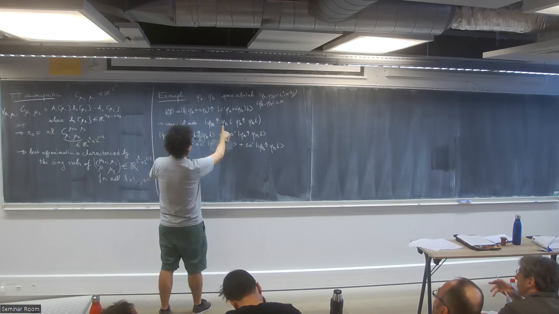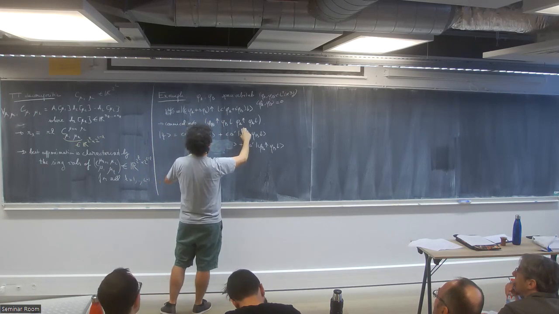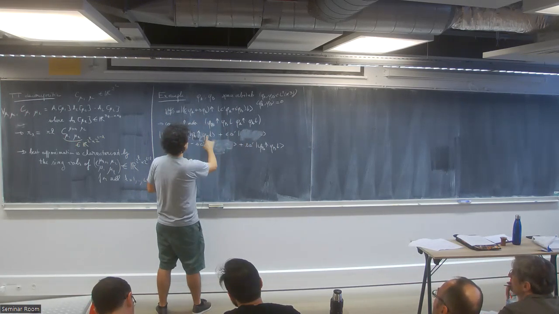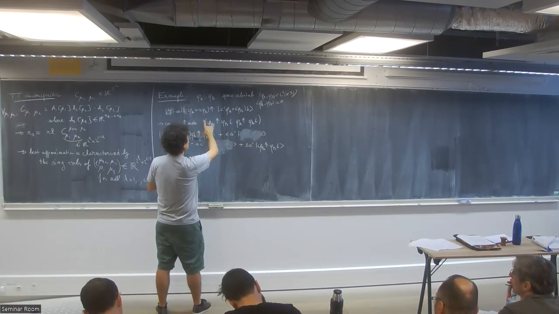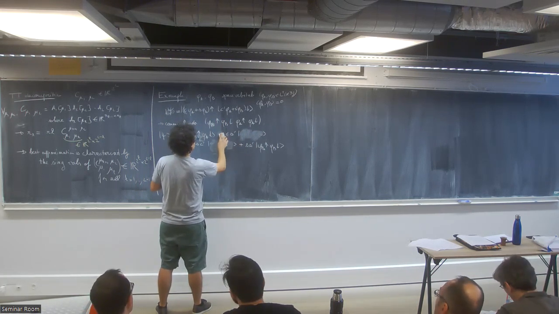Sorry, A and B, okay. So this is right, then: this gets a minus because I want to have this ordering.